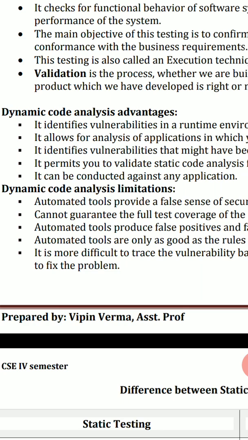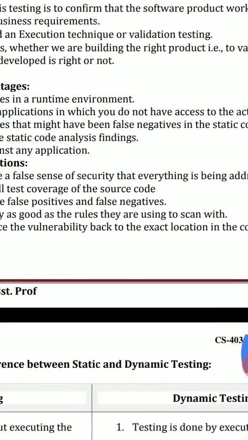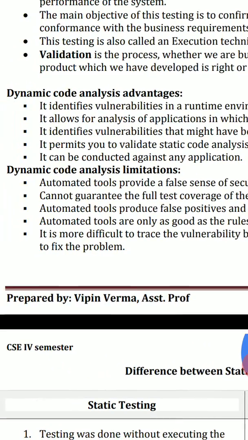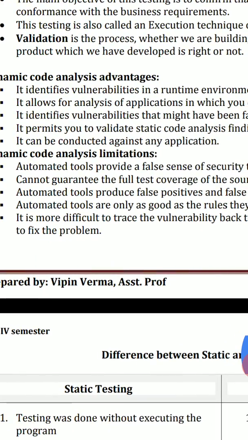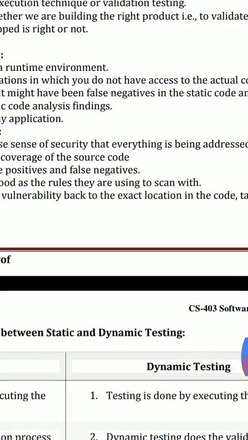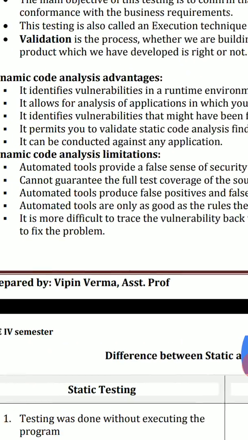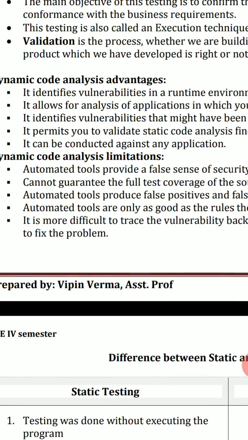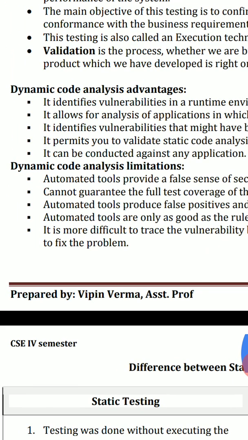The automated tools are only as good as the rules they use to scan with, and it is more difficult to trace the vulnerability back to the exact location in the code, taking longer to fix the problem. So these are the limitations related to dynamic code analysis.